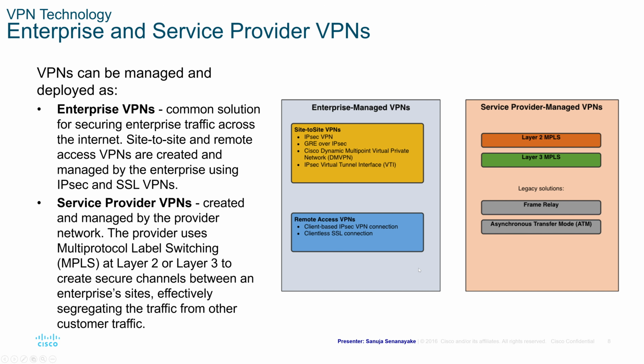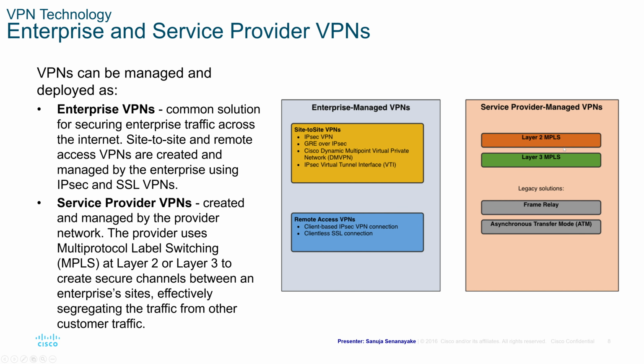And this is where things like Cisco AnyConnect software come into play. That's where the remote access is basically a software that you install on your end device, such as a Windows computer or a laptop, and then your user can connect to the VPN using that software. And on the right hand side, we have the service provider managed VPN summarized in a graphical format.